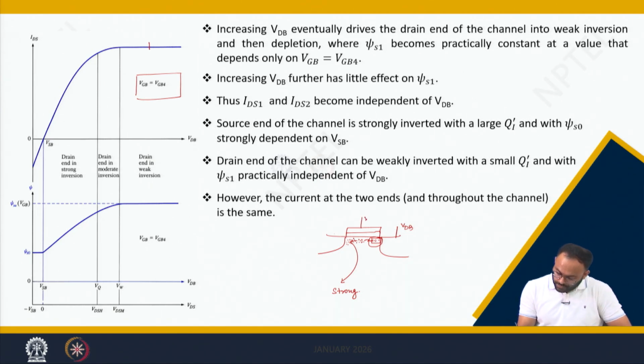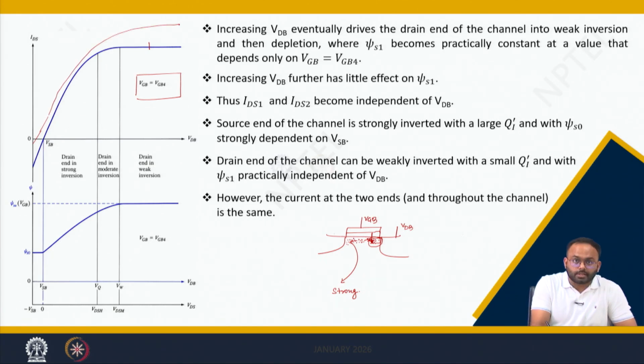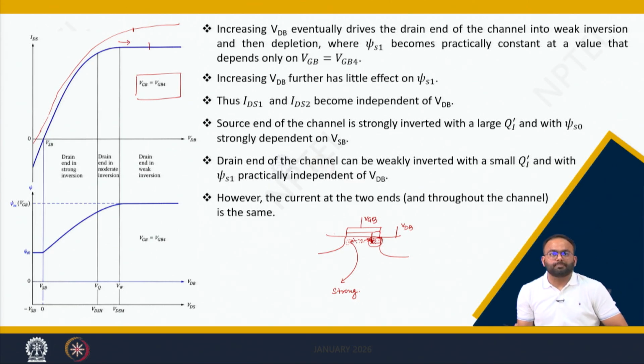Now when you increase VGB, ultimately you are increasing the potential here. If the potential is increasing, this causes more electrons to be available here, and hence the current will increase like this, and the saturation point will also shift to the right hand side, because you need to apply more VDB to make it weakly inverted or depleted.